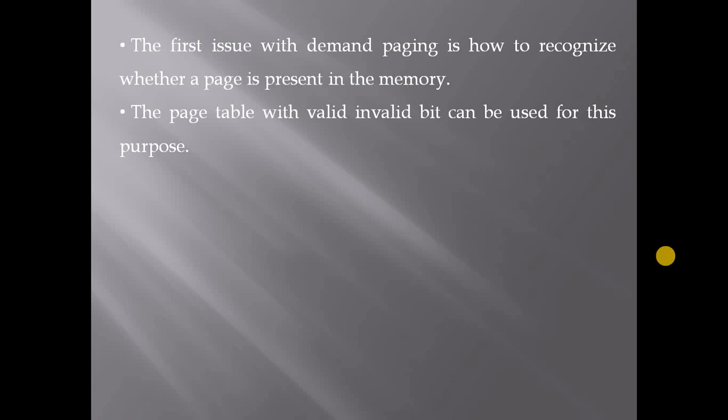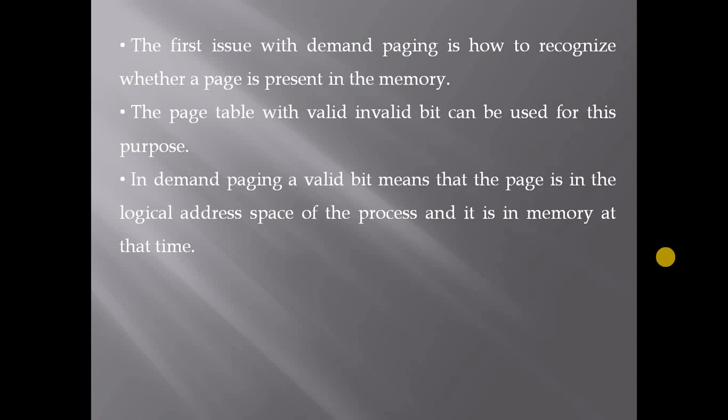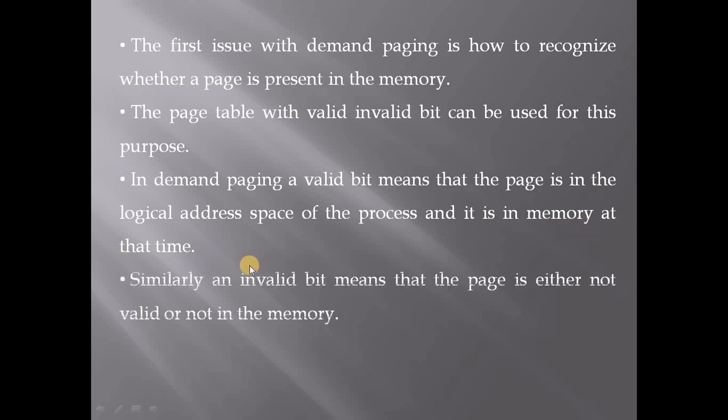An extra bit is added to the page table which will tell us whether the page is present in the memory or not. In demand paging, a valid bit means that the page is in the logical address space of the process and it is in memory at that time. Similarly, an invalid bit means that the page is either not valid or not in the memory.